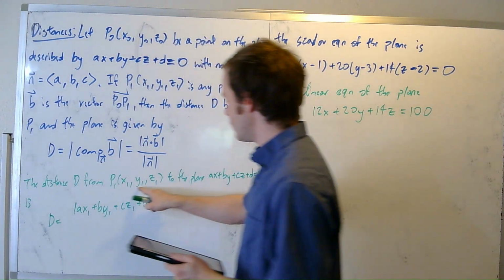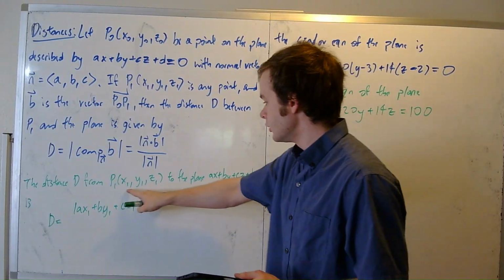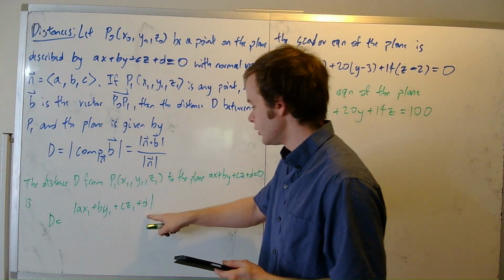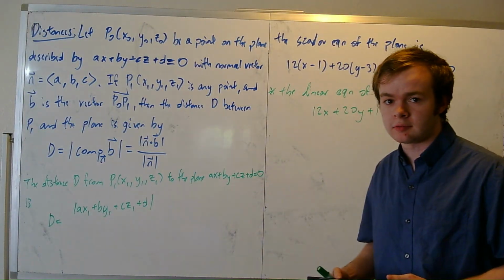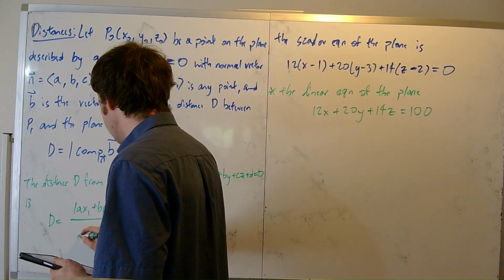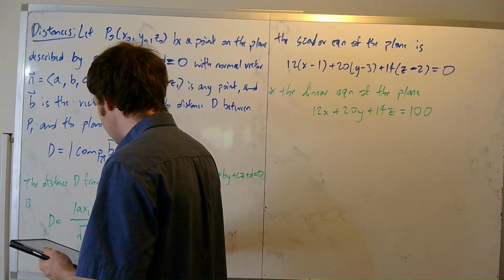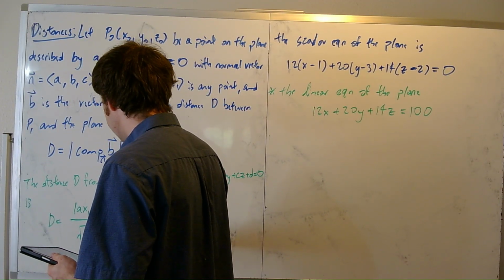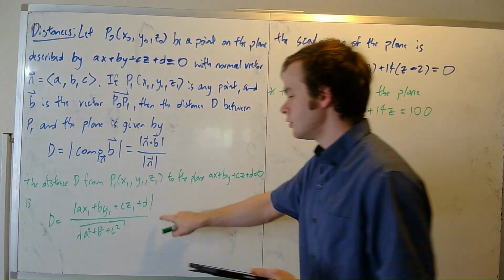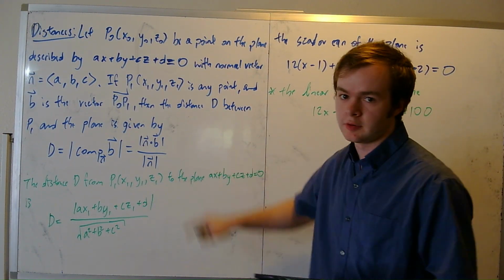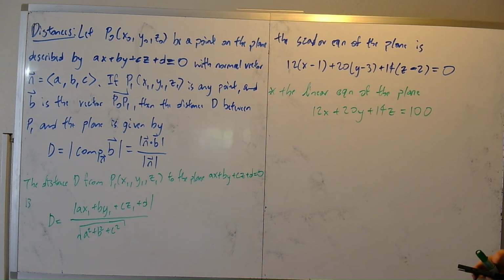So remember x1, y1, and z1, those aren't variables, those are coordinates of this point. So if you add all this stuff together, this is giving you a number, and we're taking the absolute value of the number, over the square root of a squared plus b squared plus c squared. All right, so we actually have a nice formula to figure out the distance where we don't actually have to deal with the vectors. So that's pretty nice.